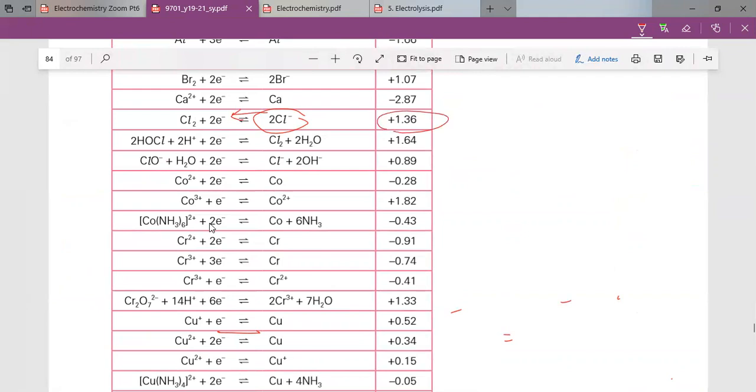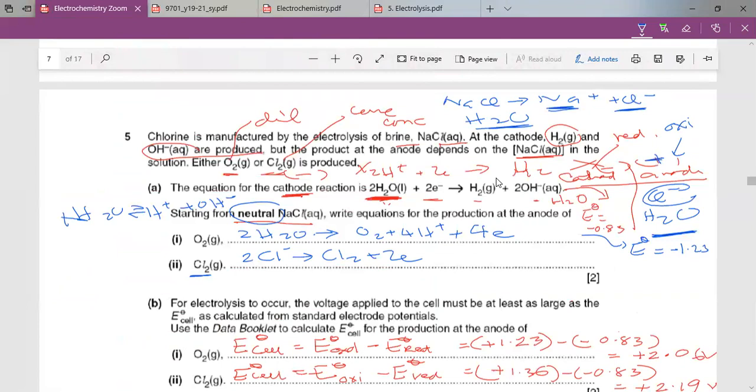So of course it's minus 1.36. I put it down here first. So E naught here is minus 1.36, going backwards.